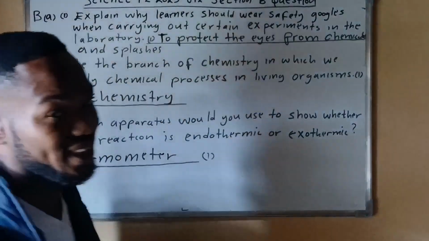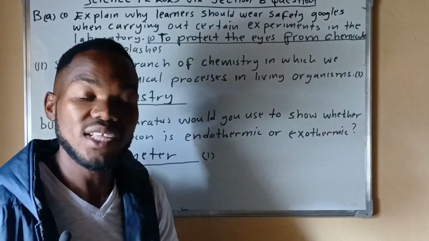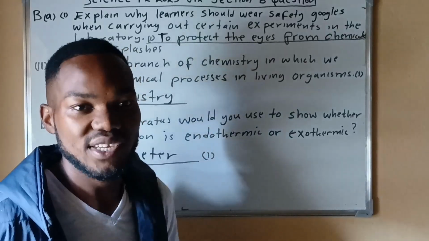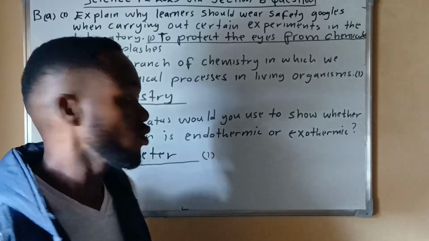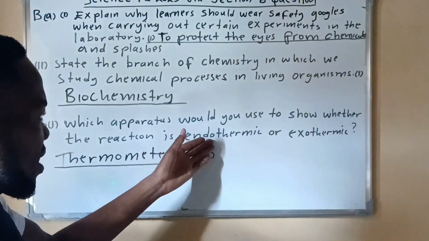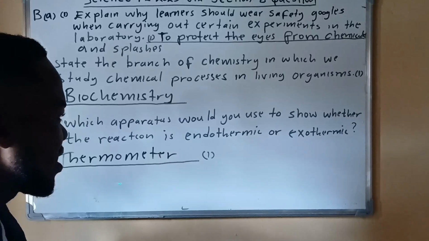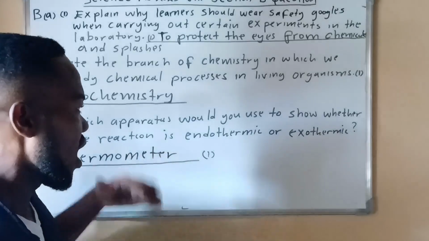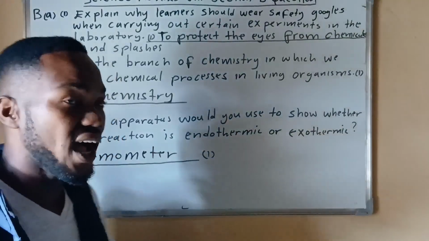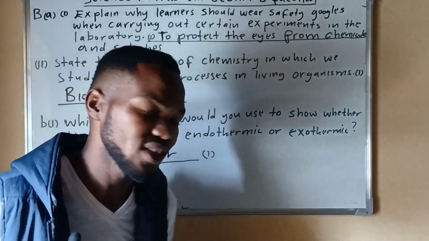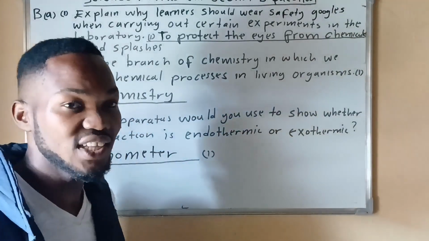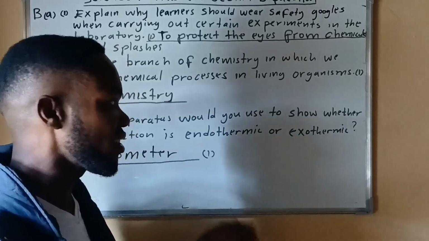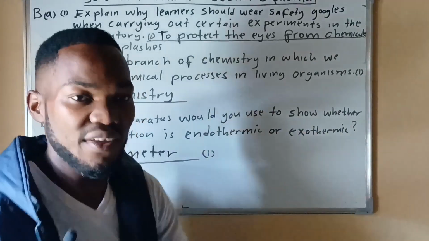One thing to understand is that a thermometer is used to measure temperature. And you need to understand that an endothermic reaction is a reaction that absorbs heat from the surrounding, and an exothermic reaction is a reaction that releases heat to the environment.